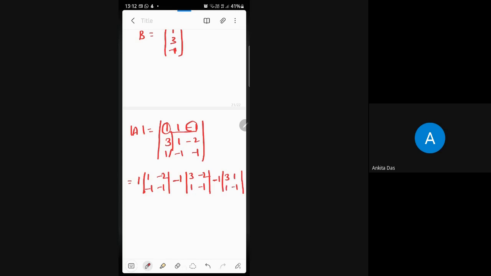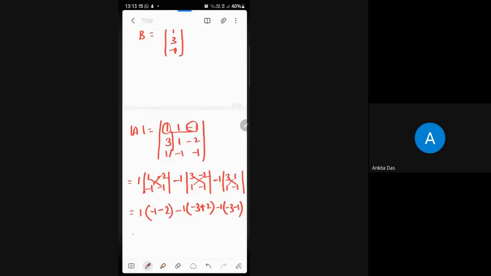This implies, first element 1 into, now let's come for AD minus BC. AD means 1 into minus 1, that means minus 1. BC means minus 1 into minus 2, we get plus 2. Minus 1 plus 2. Minus 1 into, again AD, that is minus 3, minus BC, plus 2. Then minus 1 into, again AD, that is minus 3, minus 1. BC means 1.